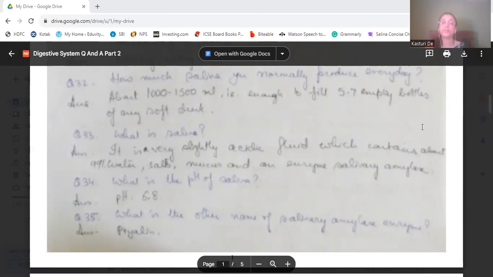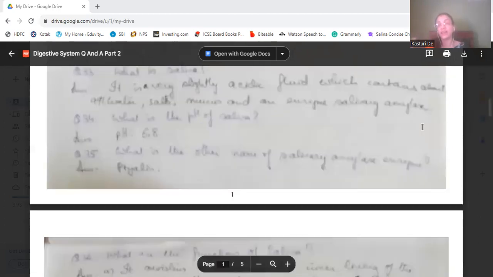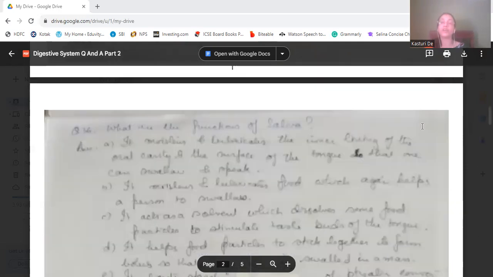I told you it's slightly acidic, so its pH is 6.8. 7 is normal. As we go towards 1, it is acidic. As we go towards 10, it will be alkaline. So, slightly acidic, that's why it's 6.8. What is the other name of salivary amylase? It's ptyalin.